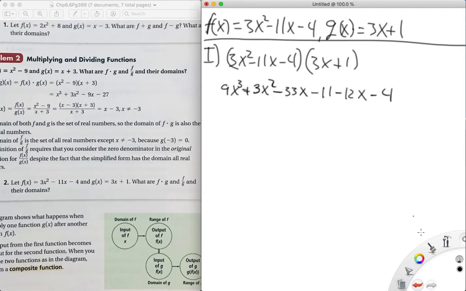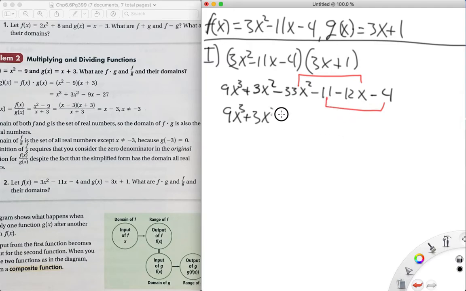Alright, we combine like terms. So 9x cubed, plus 3x squared, and then I need to fix that.